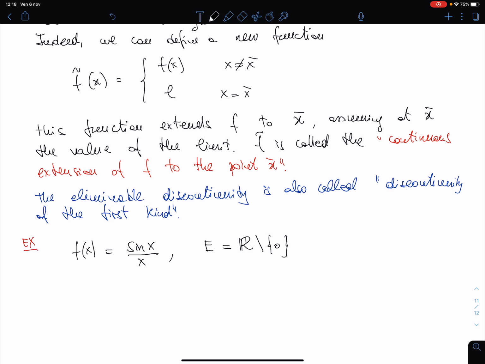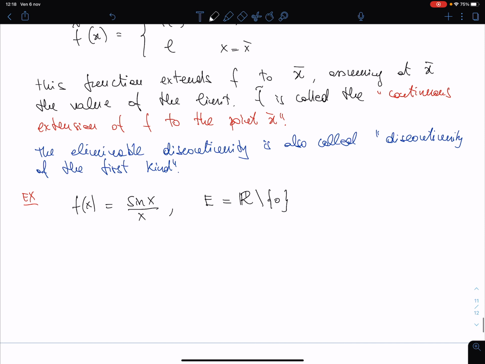So 0 is not defined here, but we know that the limit for x going to 0 of f of x is equal to 1.